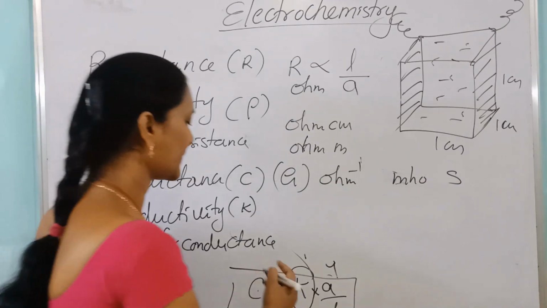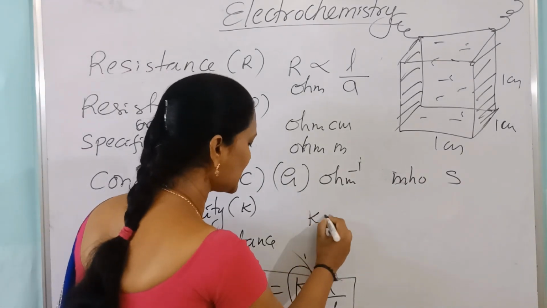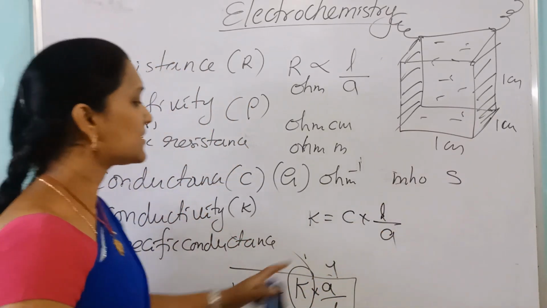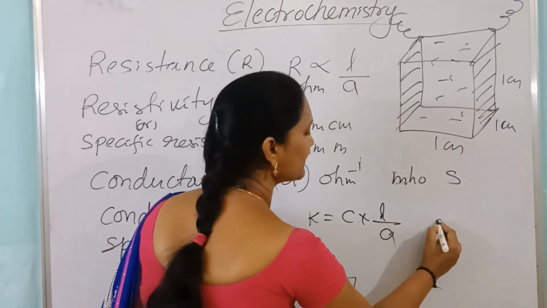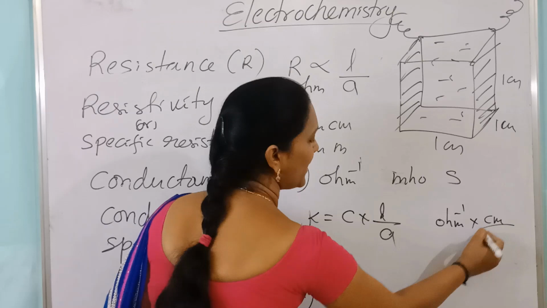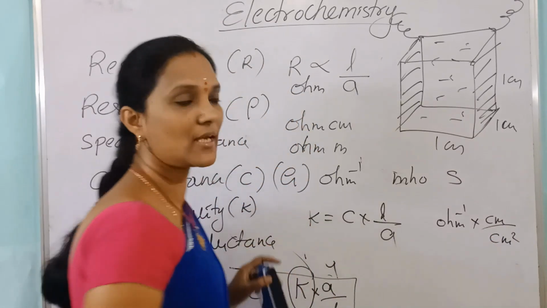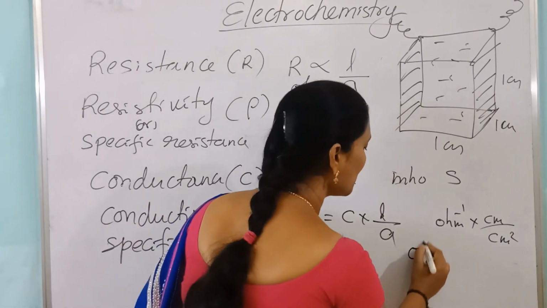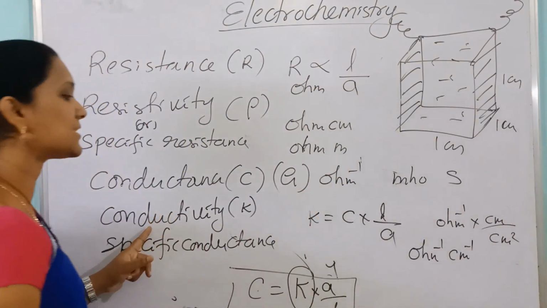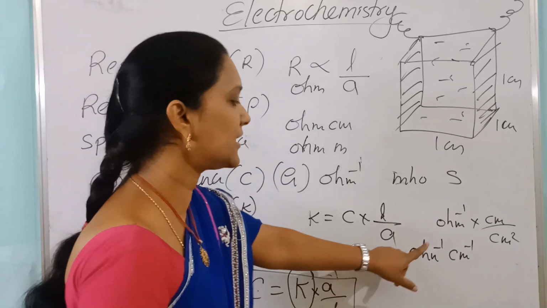What are the units? Now K is equal to C into L by A. Yes or no? C units, ohm inverse, into centimeter by centimeter square. Nothing but ohm inverse centimeter inverse. So what are the units of conductivity? Ohm inverse centimeter inverse.